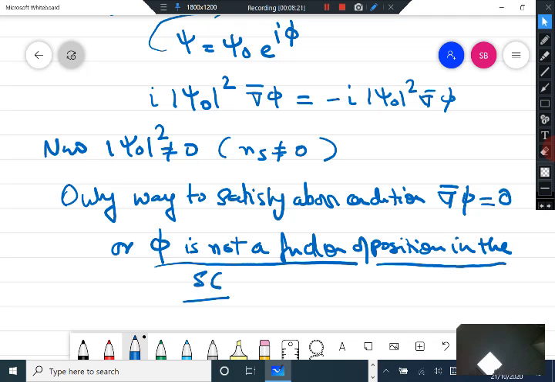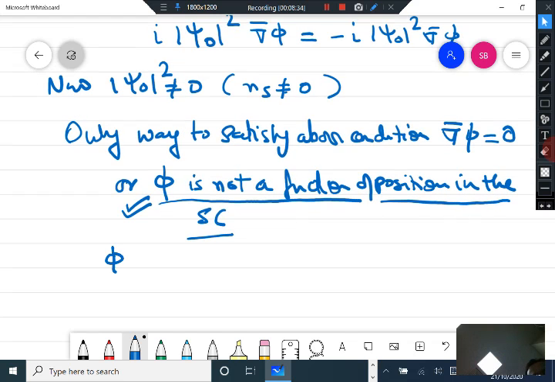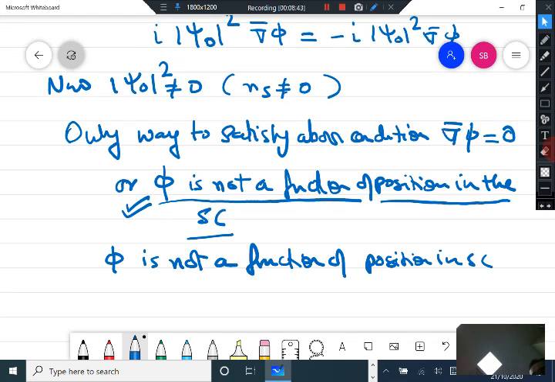So as you move across the superconductor, or as you move into the superconductor, the phase phi does not vary at all inside the superconductor. So this is the first condition, that phi is not a function of position in the superconductor.